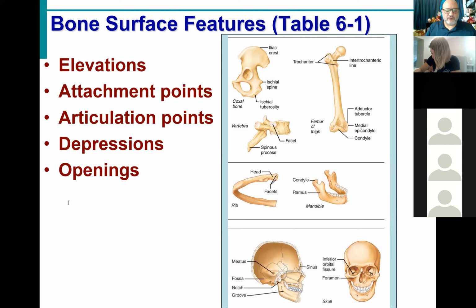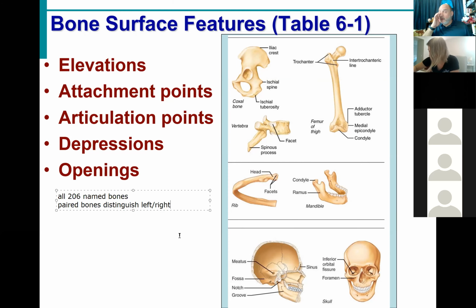You are responsible for all 206 named bones. For paired bones, you need to distinguish left versus right. That goes without saying.